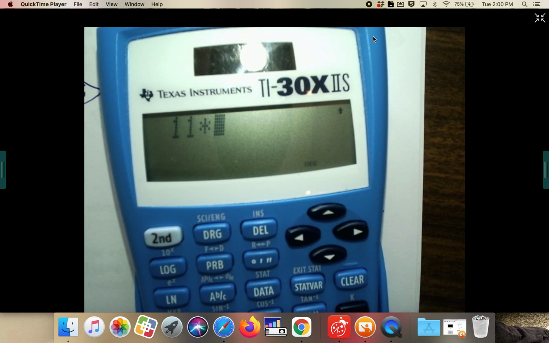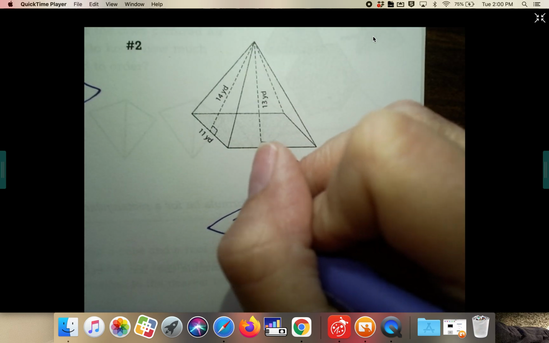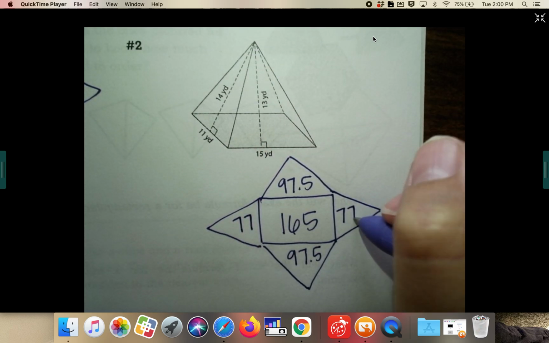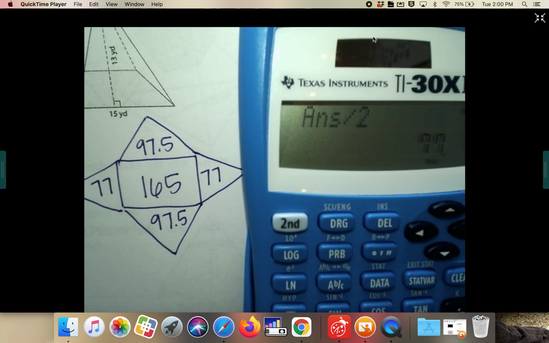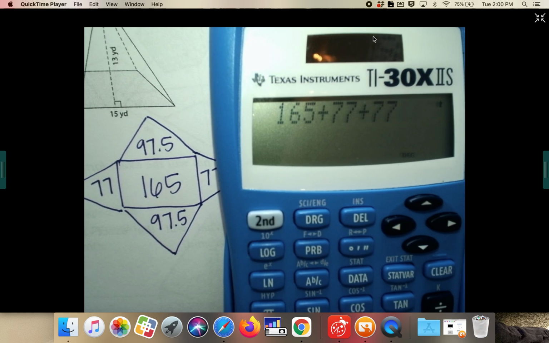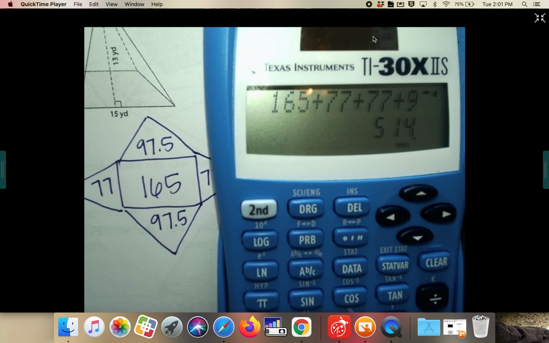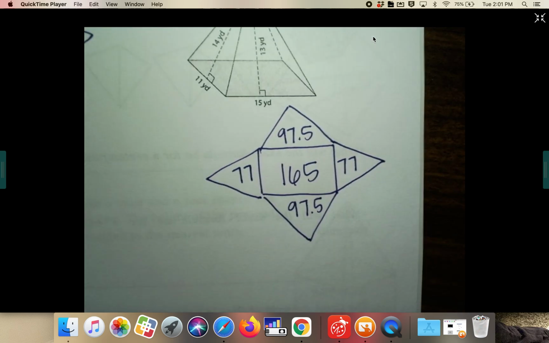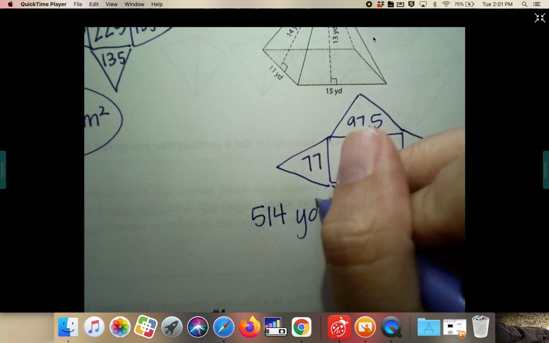So 11 times 14 divided by 2 is 77 in these two. So I'm going to add them all up. 165 plus 77 plus 77 plus 97.5 plus 97.5 equals 514 as a grand total. So 514 square yards.